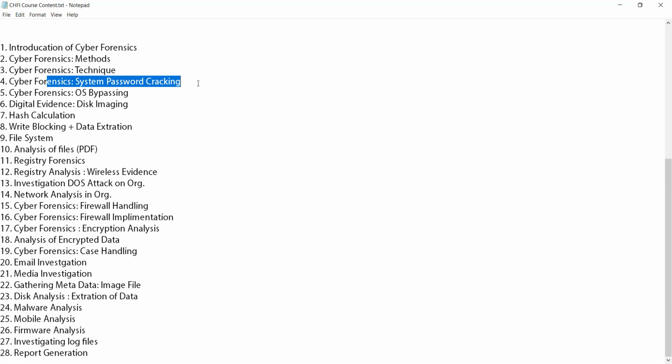The next module is the analysis of files, which is completely related to PDF file analysis, because there are some types of cases which you have to handle in cyber forensics.